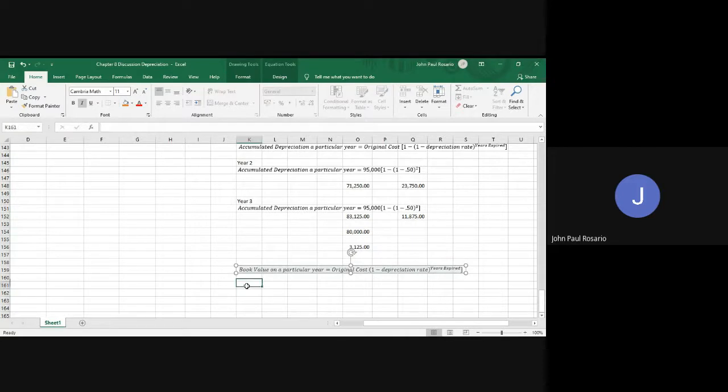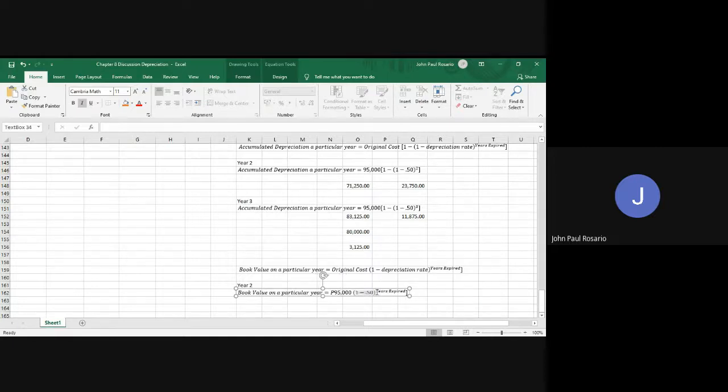So for example, on year 2, your original cost is 95,000 and your depreciation rate is 0.5.